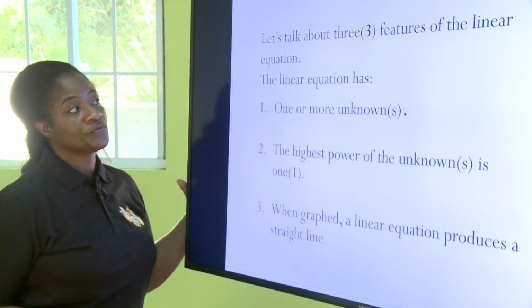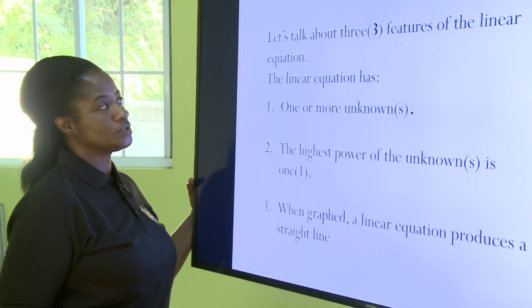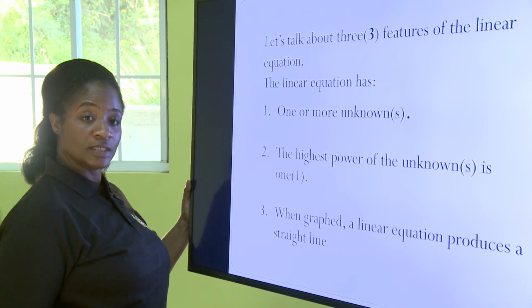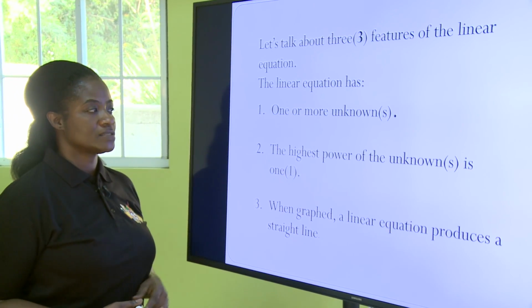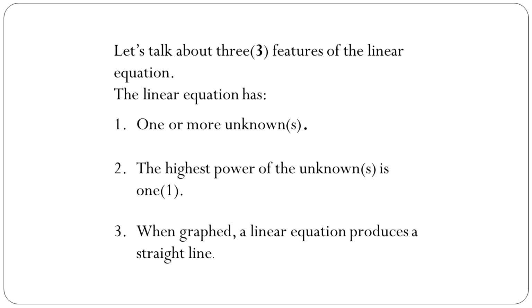Let us talk about 3 features of the linear equation. Read along with me. 1, the linear equation has 1 or more unknown or unknowns. 2, the highest power of the unknown or unknowns is or are 1. 3, when graphed, a linear equation produces a straight line.